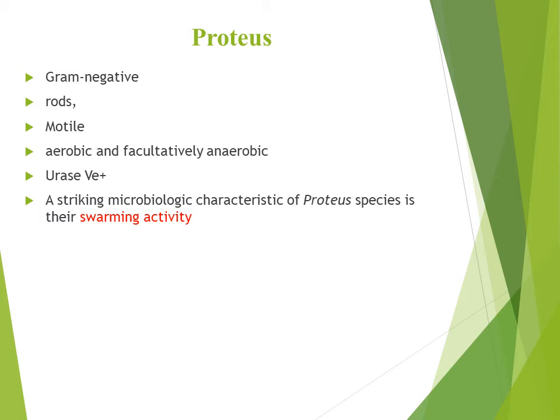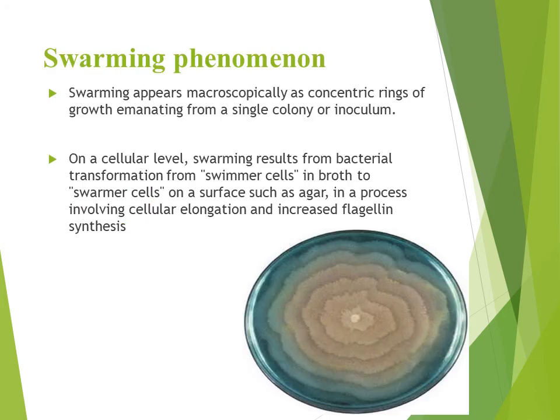A striking microbiologic characteristic of Proteus species is their swarming activity. Let me explain what swarming activity is. The swarming phenomenon appears macroscopically as a concentric ring of growth emanating from a single colony or inoculum.